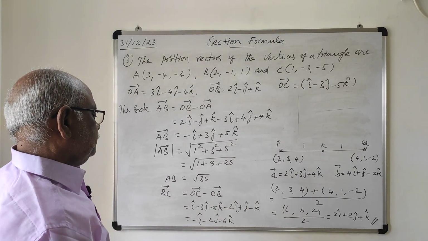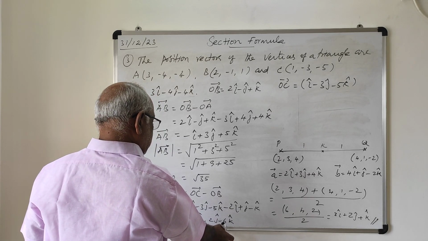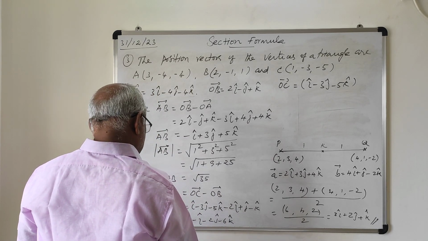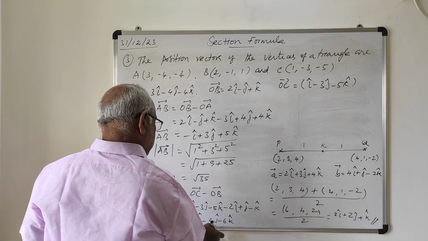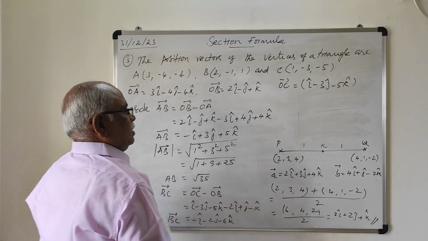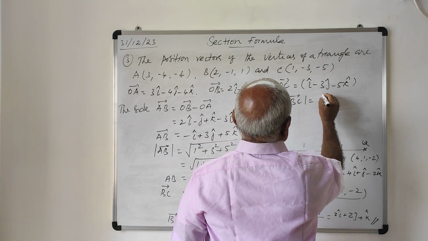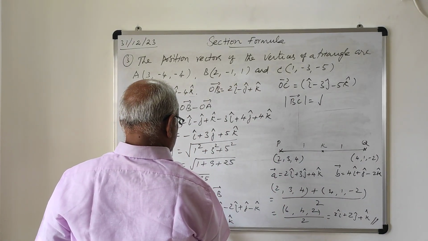This is the BC vector. We have to find out the modulus, the distance BC. The magnitude of the BC vector is root of 1 square plus 2 square plus 6 square.